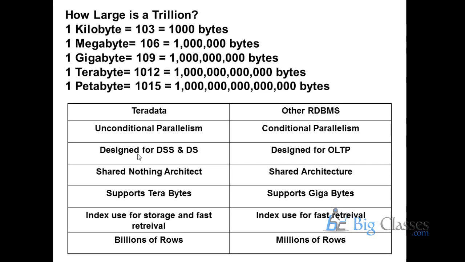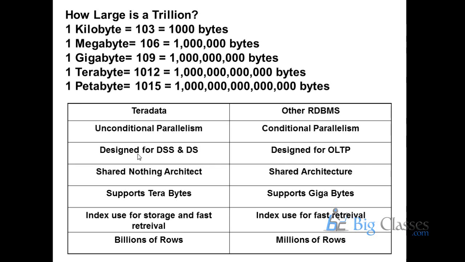Those data warehouses today also have a similar kind of architecture. So these differences were pretty old, but now the differences are very minimal. Even the other RDBMS are following the same approach which Teradata was following.